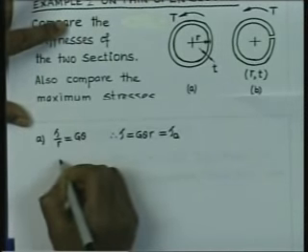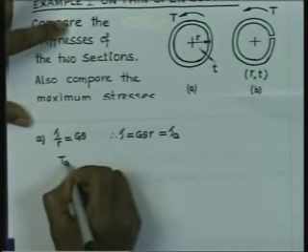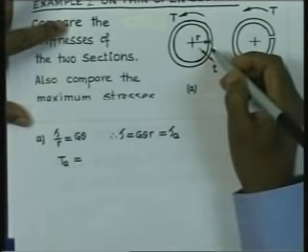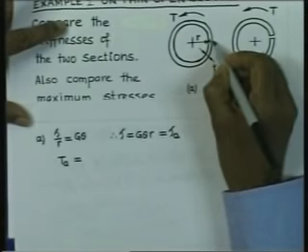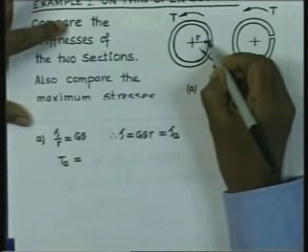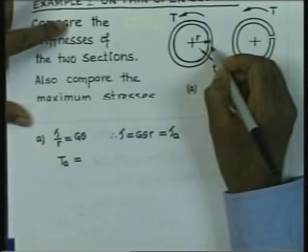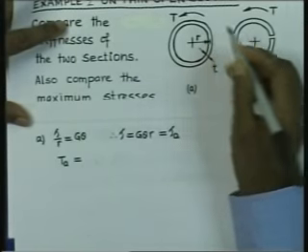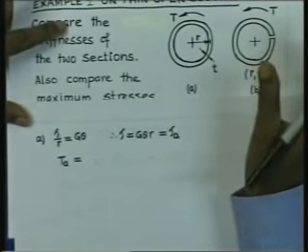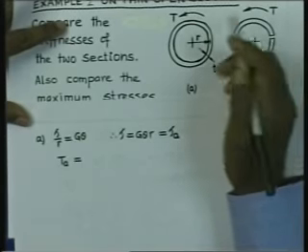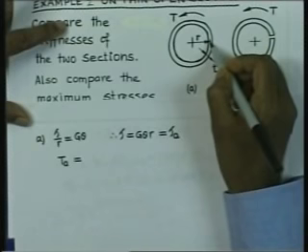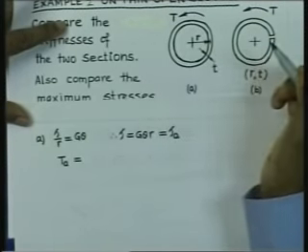Now, since it is a thin section, we can consider the shear stress to be uniform all along the thickness, and therefore, shear flow is constant, and shear flow is tau A into t, and that is the force per unit length of the boundary. If we consider the whole boundary, which is 2 pi r, the total shear force is nothing but 2 pi r into tau A into t, and if we take the moment of those forces about the center, we have to multiply by r.